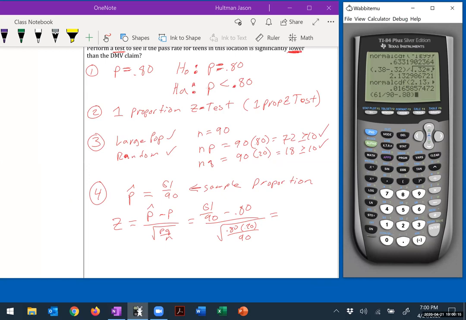That's the top. Over the bottom, square root of 0.8 times 0.2 divided by 90. And that comes out to be about negative 2.899.